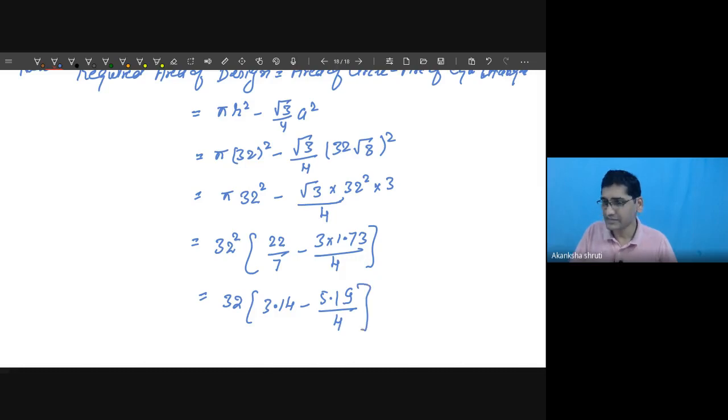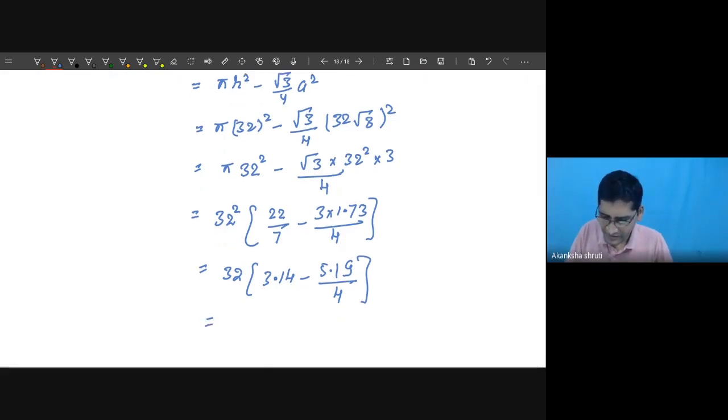Here it will always come out positive. If it is coming negative, then we must have made some mistake, so that way we can verify it. So it is 32 square, take it 3.14 minus 1.27.